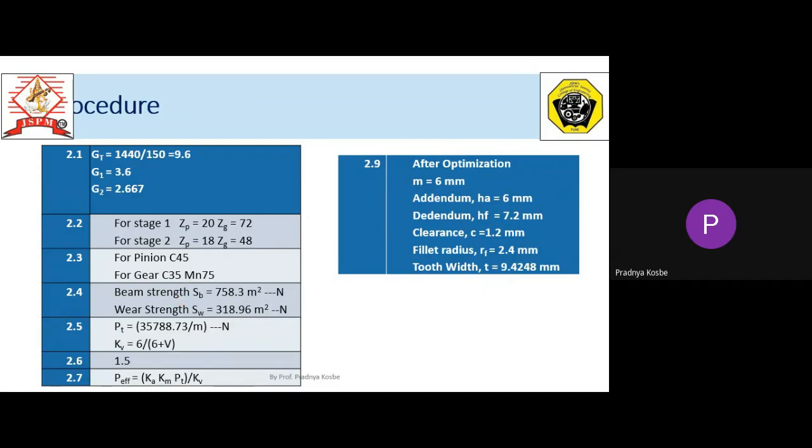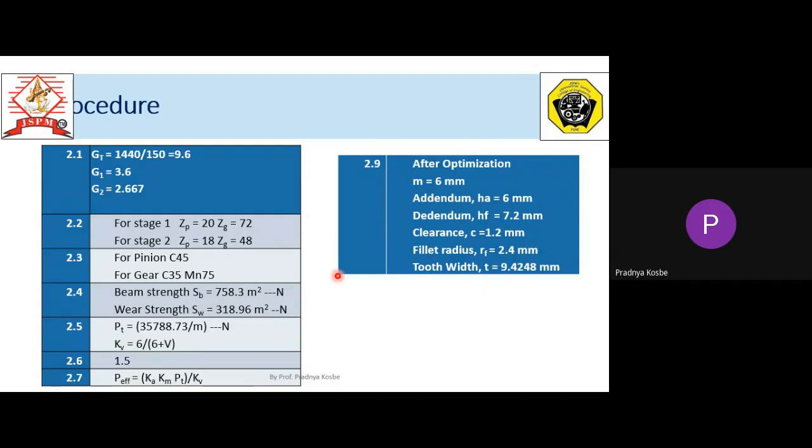Okay. So first we have designed stage 2 actually. Whenever we reduce the speed, in the first stage the speed reduction is from higher to lower. So spur gears are not feasible there because they cannot run at high speed, and their efficiency is less as compared to helical gears.